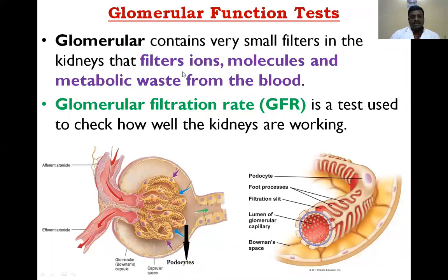So mainly we are estimating whether the glomerular podocytes or glomerular part is filtering properly or not. That is mainly estimated using the glomerular filtration rate. This is what we will determine.